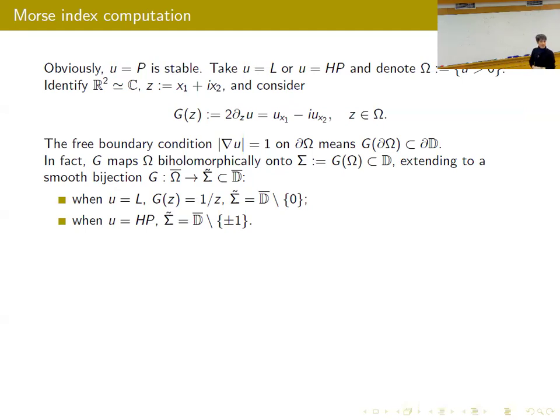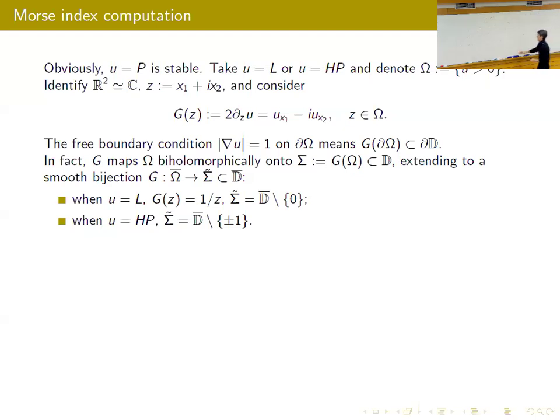And this holomorphic function has very nice mapping properties. For example, the free boundary condition, gradient equals 1, means that the norm of G is 1 on the free boundary. So the free boundary is mapped into the boundary of the unit disk. Okay. So when u is the disk complement solution or the double hairpin solution, what you know in addition is that this map is injective. So it's a biholomorphic map onto the image.